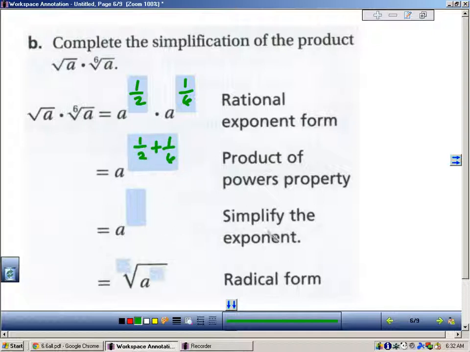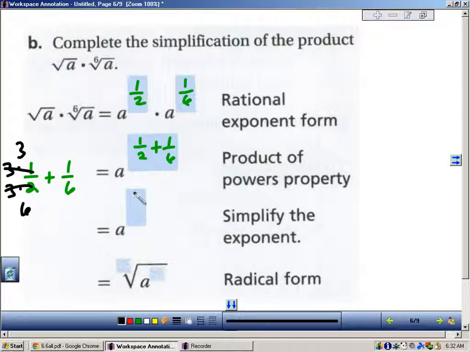Then it says simplify the exponent, so our common denominator is 6. So if I was to simplify it, I'm going to do the work over here for you, okay? 1/2 plus 1/6. Let's multiply this by 3. So that'd be 3 over 6. Let's cross that off. Which gives us 4/6, right?